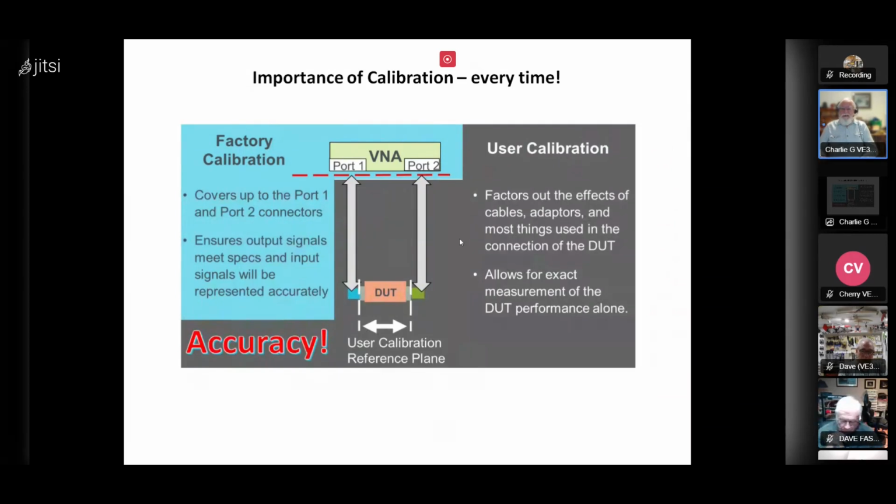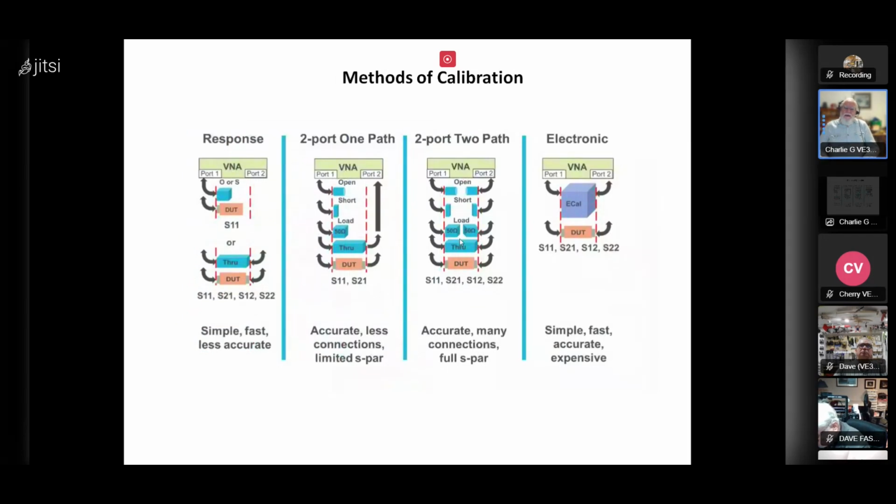So cables, adapters, you've unscrewed the SMA connector and screwed it back on again, and it's ever so subtly different. You need to redo the calibration to make sure that that gets included in the measurement and doesn't add to the error of the overall measurement.